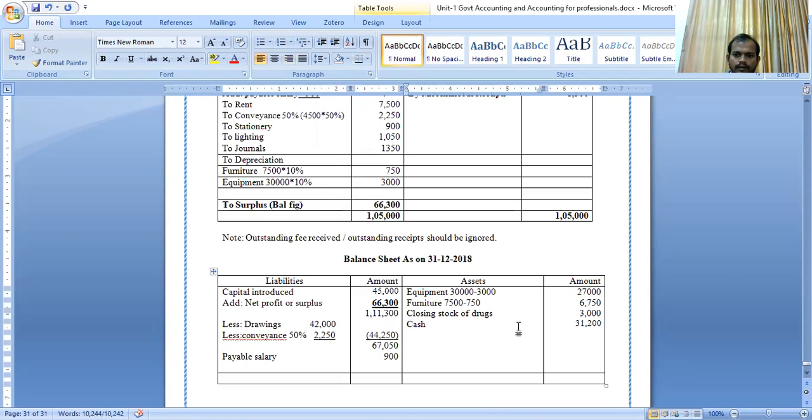So let us finalize the amounts. 67,950, and this one also 67,950.